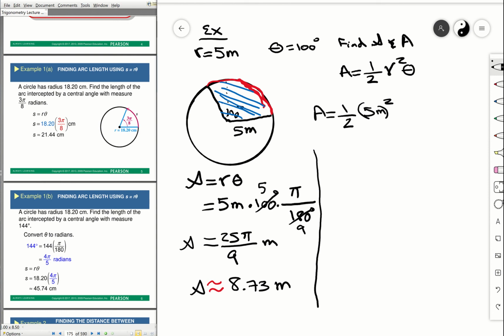And for theta, we're going to put 100 degrees and immediately convert that to radians, because that's the only kind of angular measurement that can be used in either one of those two formulas. So we're going to go ahead and once again multiply by pi over 180 degrees.